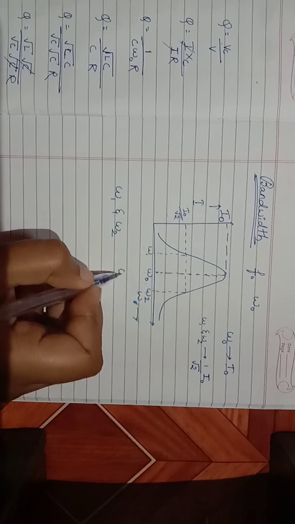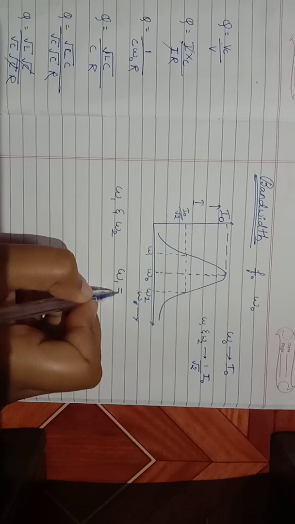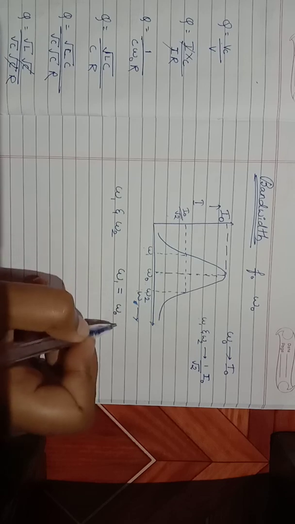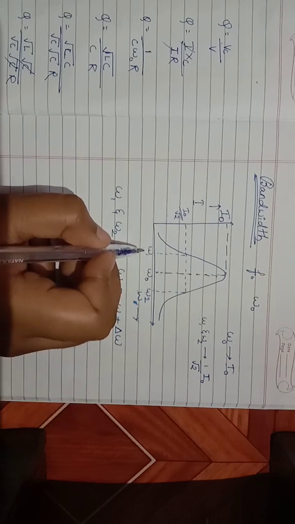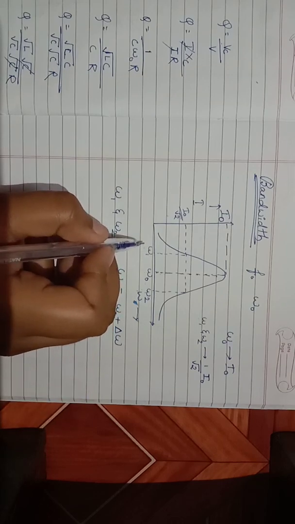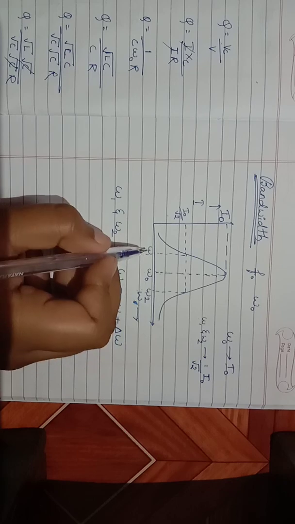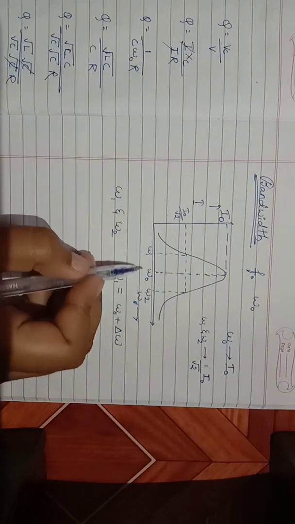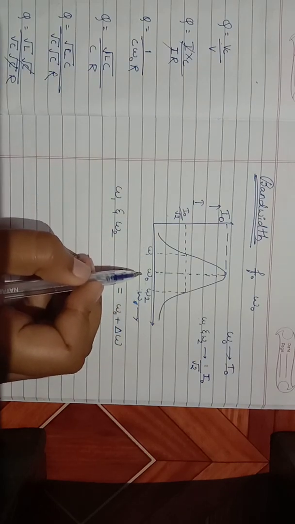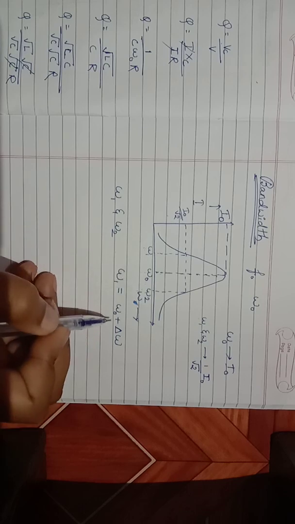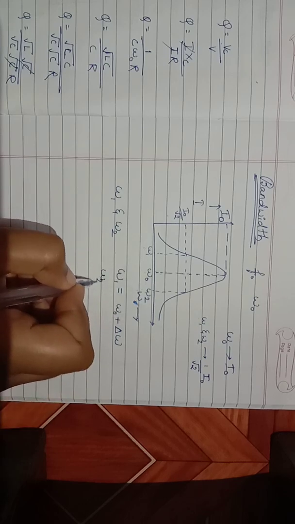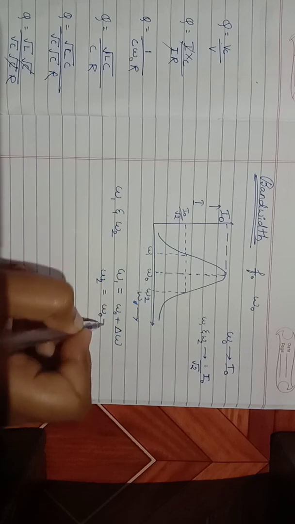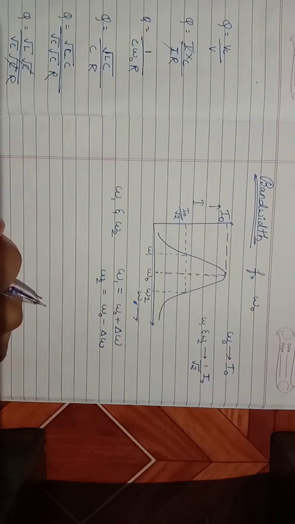Hence, I can write omega 1 is equal to omega naught plus del omega, because omega 1 is smaller than omega 2, and smaller than omega naught. So for omega naught, we have to add something. Next, omega 2 is equal to omega naught minus del omega.